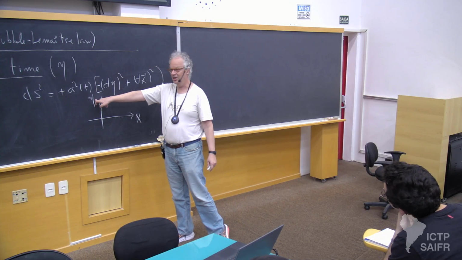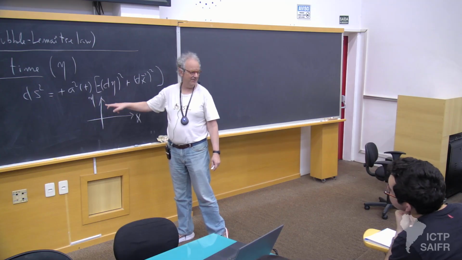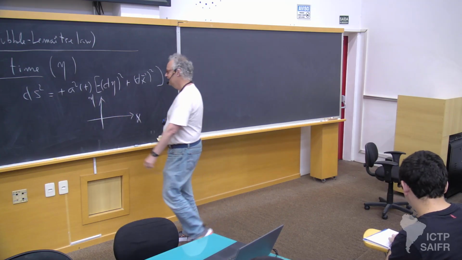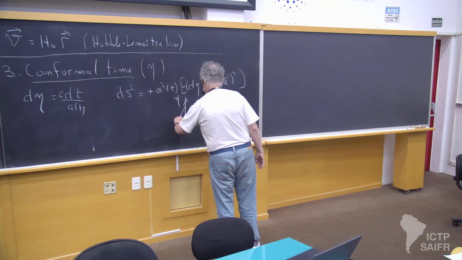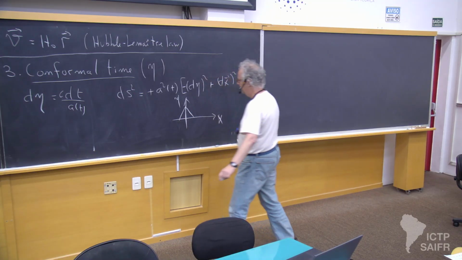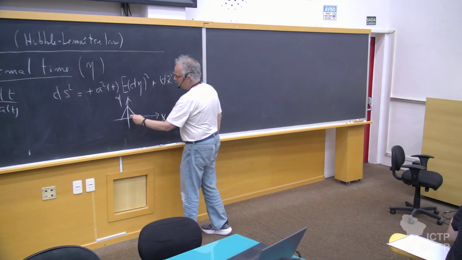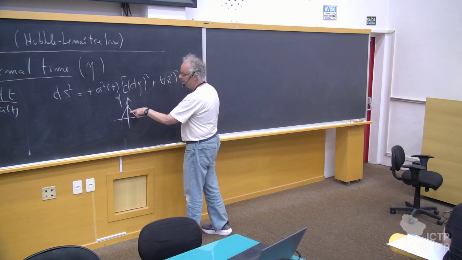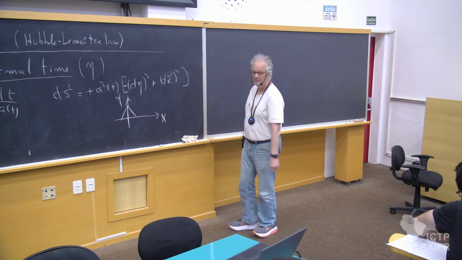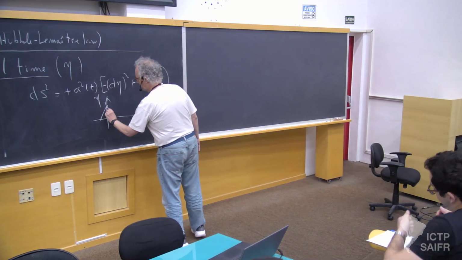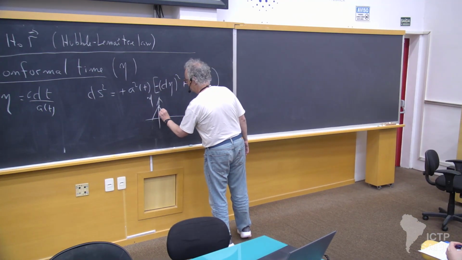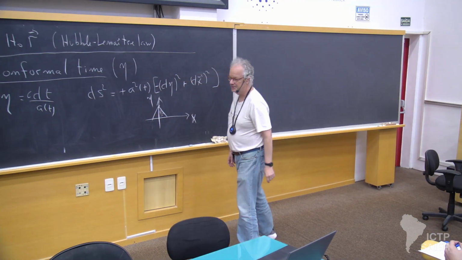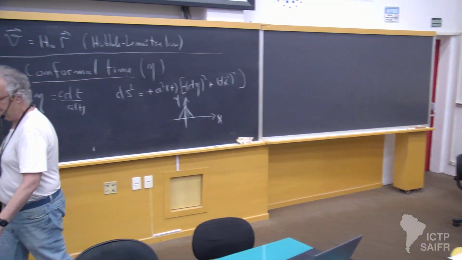If this was not eta, the light rays would not be at 45 degrees. So light rays go at 45 degrees, and this is a light cone in the past, so we are here, and this is the region that is causally connected to us. So that's why this conformal time is interesting and is very useful.